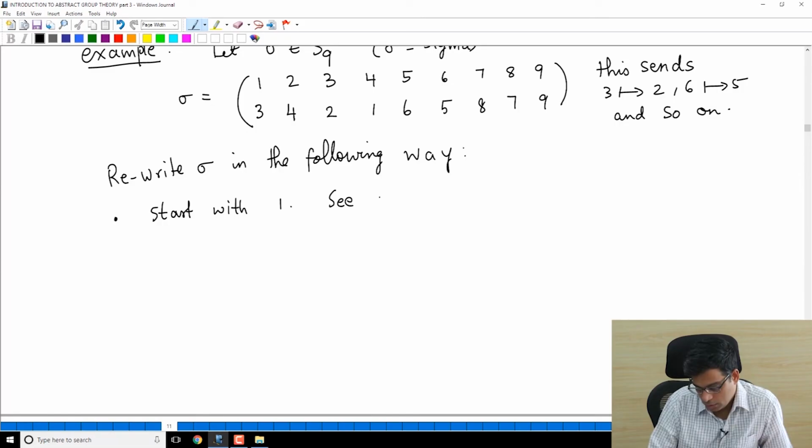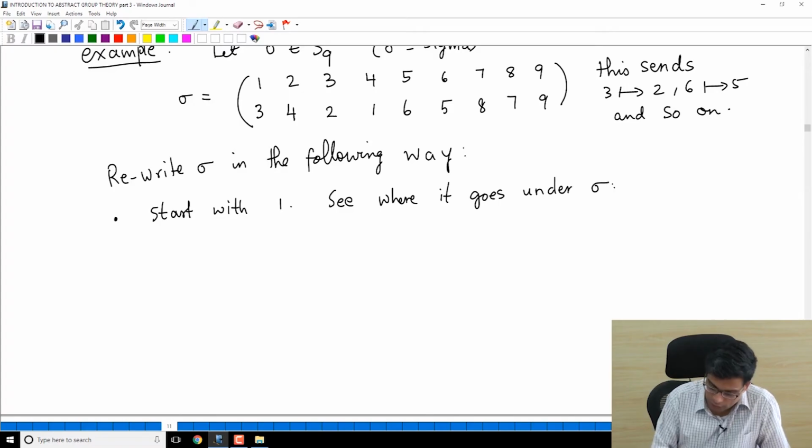See where it goes under sigma. So I'm starting with 1. See where it goes. It goes to 3, right? And see, and repeat. Let me write that first.